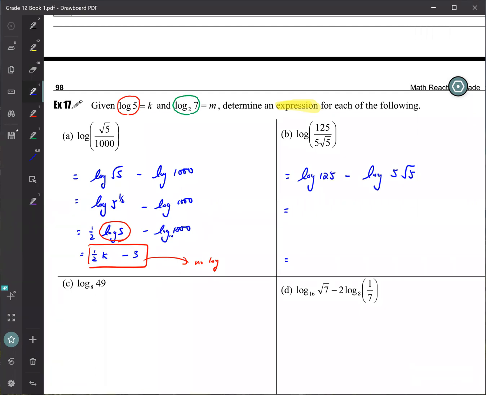All right, and Donna, did you do the same thing? Yeah, okay. Can you tell me what you did next? I changed 125 to 5 to the power of 3. Okay, I'm going to take one step more, right? So I'll bring the 3 to the front.